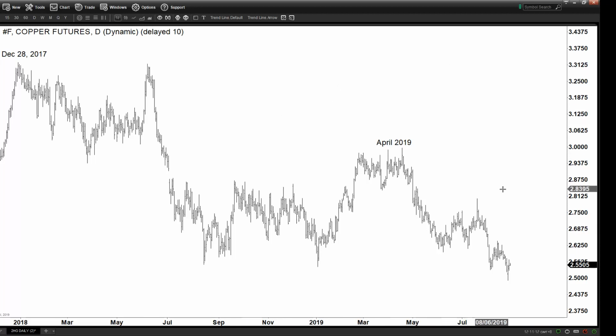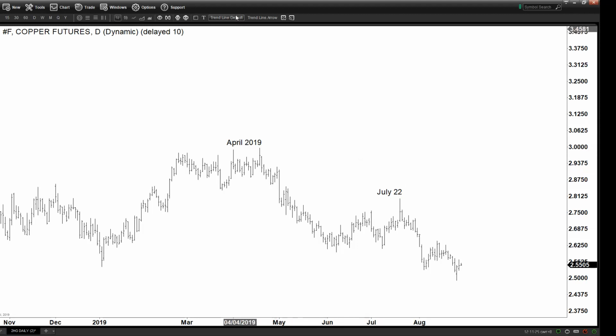Now over here, if you look at it from this peak, July 22nd here. If you try to draw a simple trend line, you notice here that we are more or less currently at the upper channel, at the upper trend line.